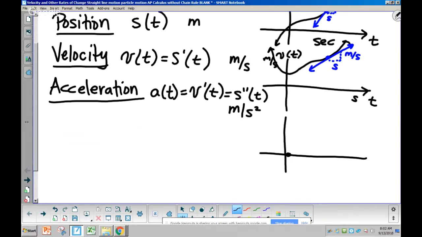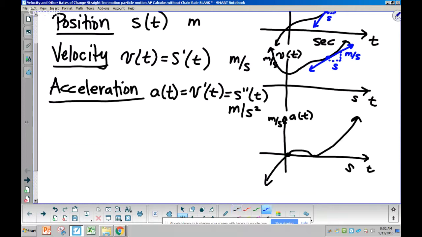And maybe a zero slope here. And we got negative slopes until we get a zero slope, and we're still positive. So I'm going to say maybe that's the acceleration graph. And this is time, in seconds still. This is going to be in meters per second squared.